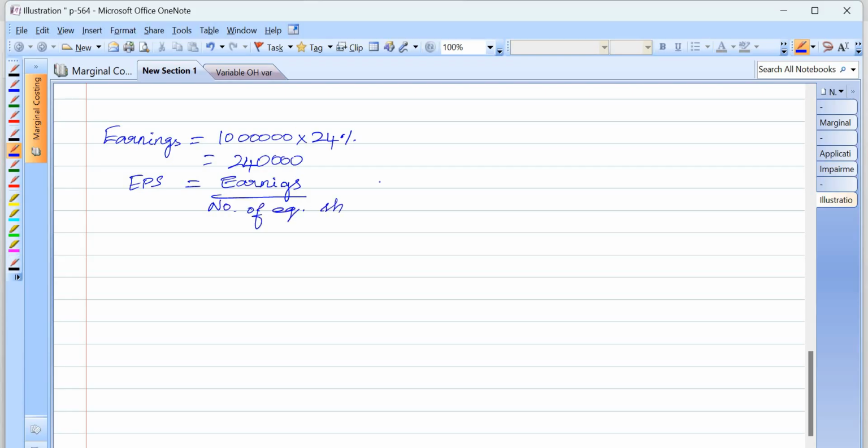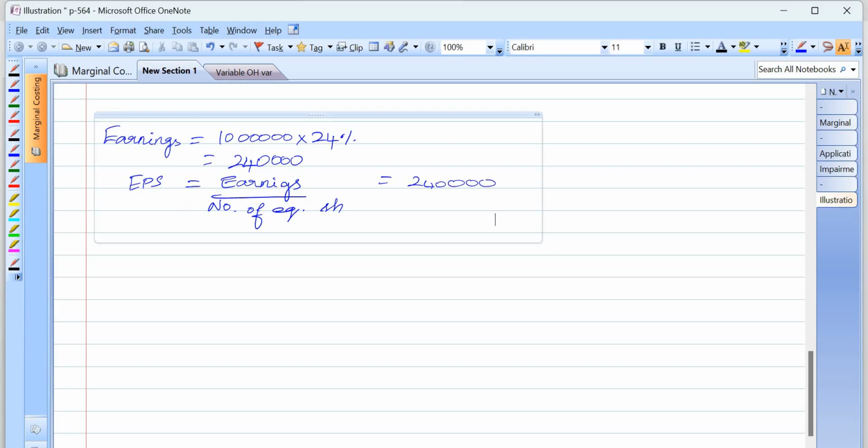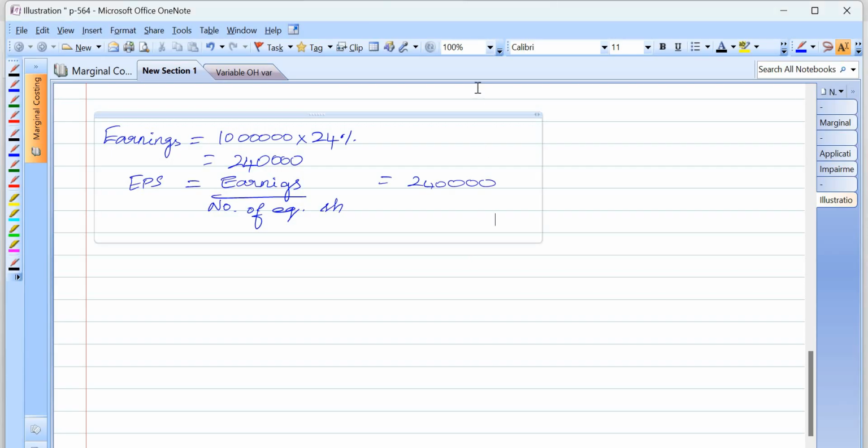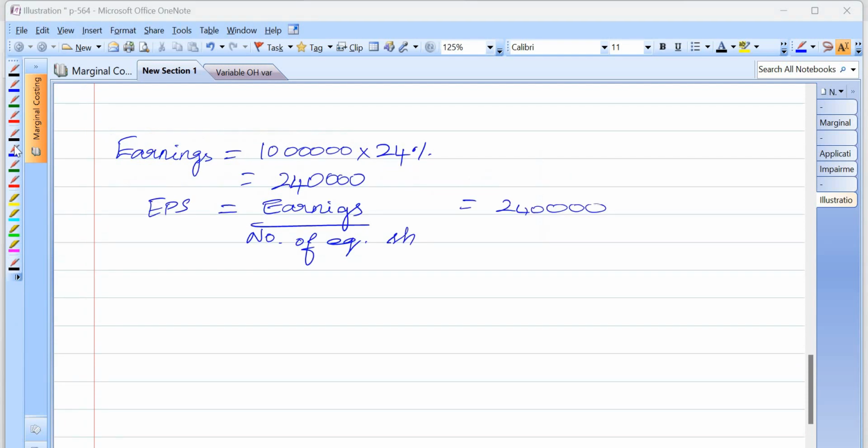That is 2,40,000 divided by 1 lakh equity shares. That means 2.4 per share. So my EPS is 2.4 rupees per share.